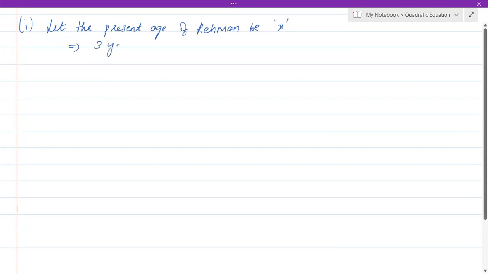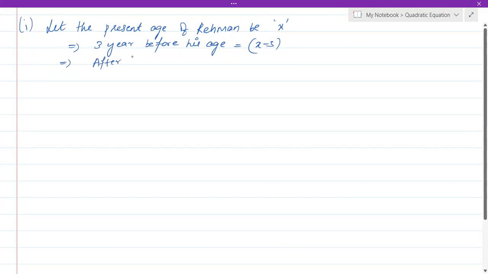Let the present age of Raman be x. So this is x years old. Which implies 3 years before, his age will be how much? x minus 3, isn't it?